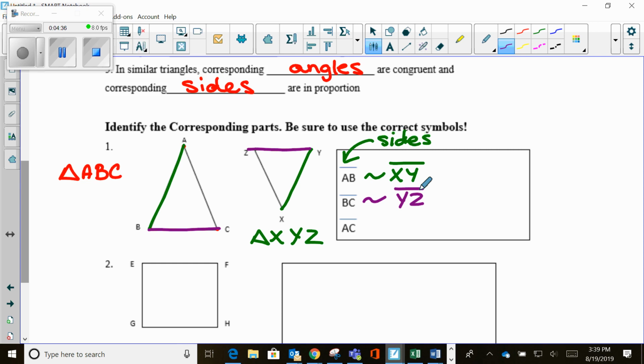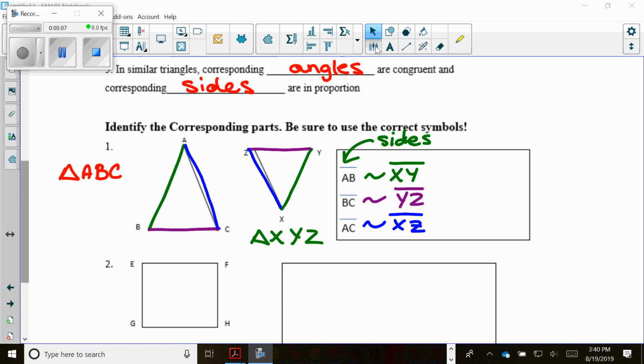And it's a side, so they are similar. And the last one is side AC, which corresponds to side XZ. The first letter and the last letter correspond to the first letter and the last letter. So side AC is similar to side XZ.